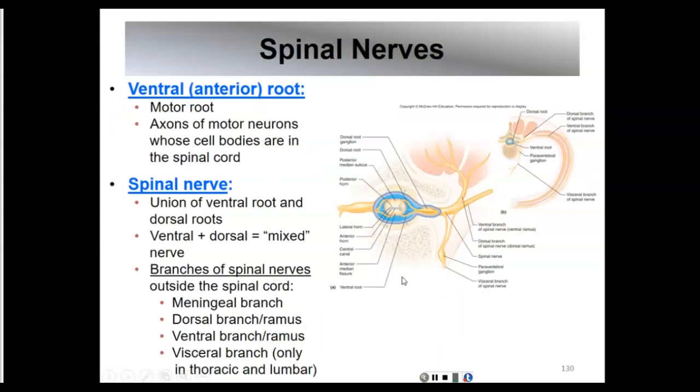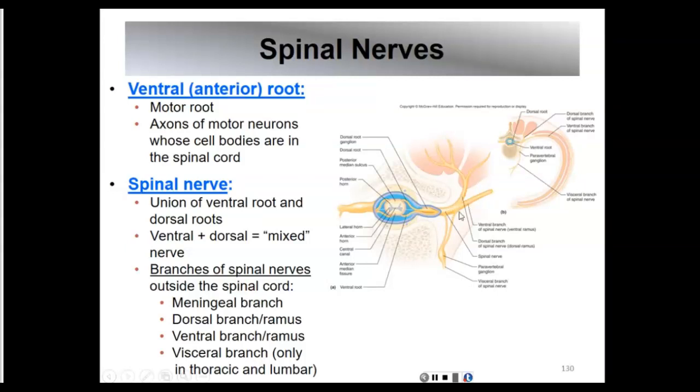Again, we looked at dorsal, that's sensory. Ventral is motor. So ventral's coming off, and that's motor control. Once the two combine outside of the spine, they're now a spinal nerve. It's called a mixed nerve because it has motor and sensory in it.